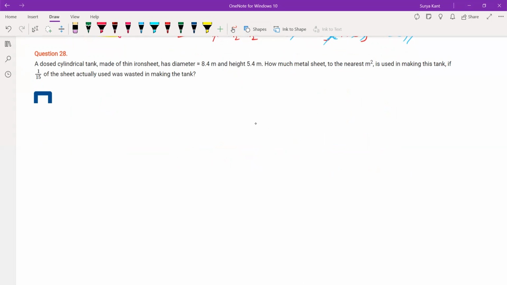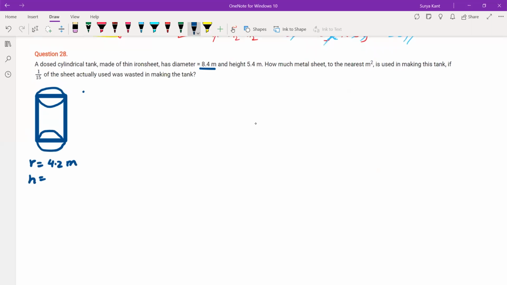So I'm making one tank over here. This is a cylindrical tank which is having a diameter 8.4. Diameter means radius is equal to, what can we write, 4.2 meters. Height is equal to 5.4 meters.